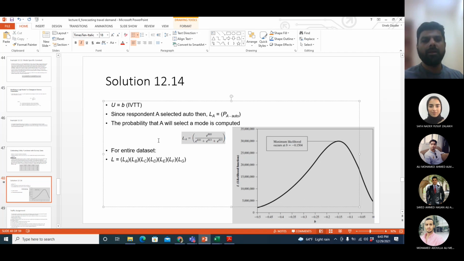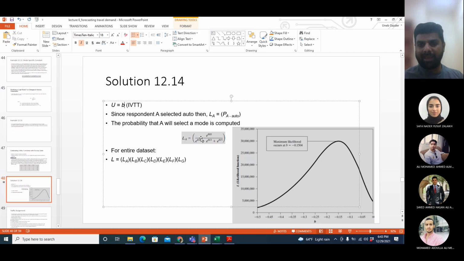The probability of selecting the auto mode for respondent A can be calculated in this manner. You can see here B is unknown. What is the travel time of the auto mode? 10. This is the probability function, the logit function which we have been using.